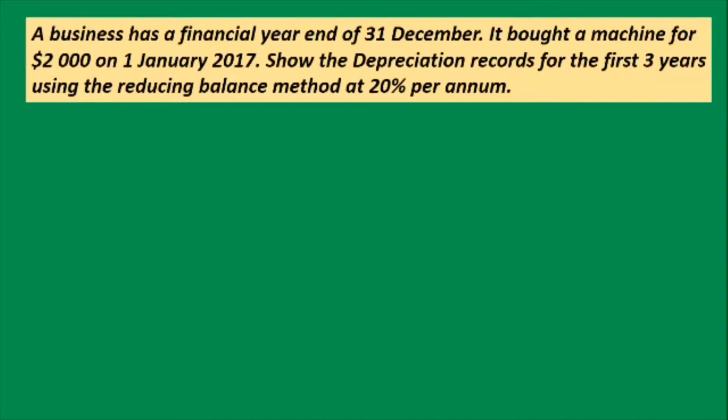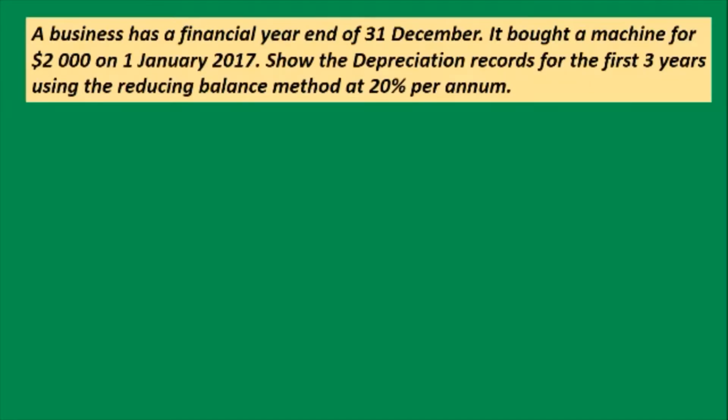Show the depreciation records for the first 3 years using the reducing balance method at 20% per annum. We deliberately chose the reducing balance method because it is the better method to illustrate with, since the balance changes every year.